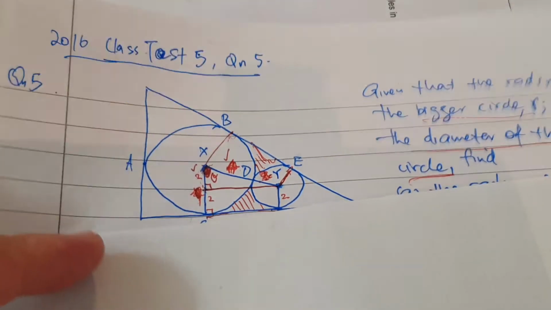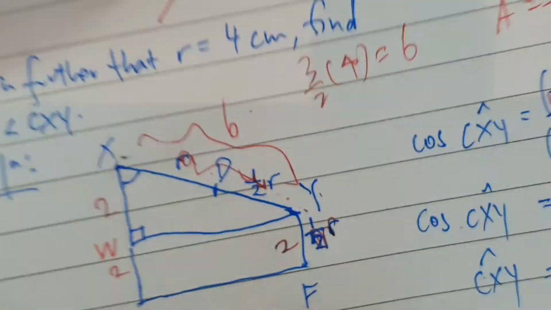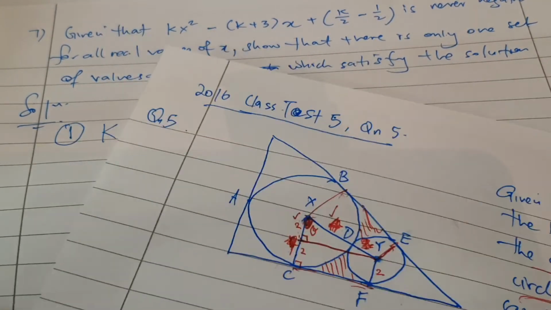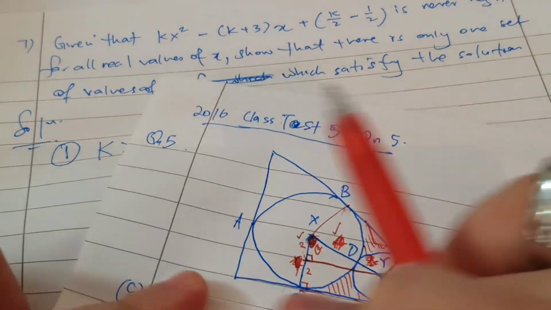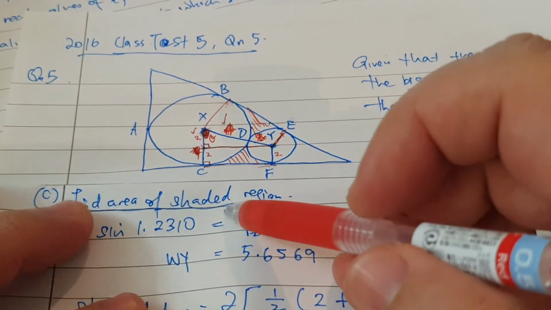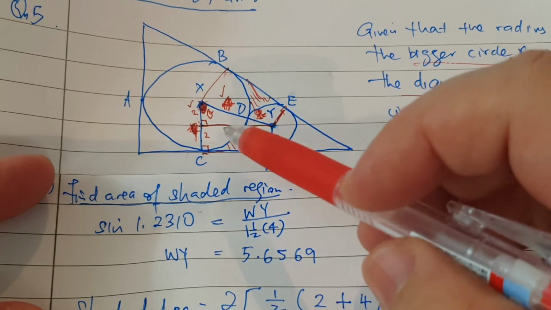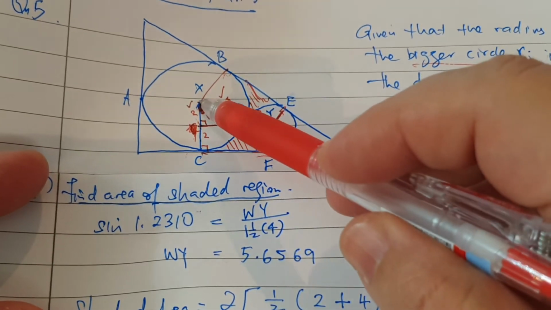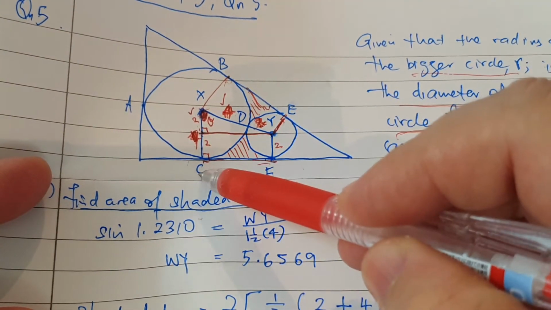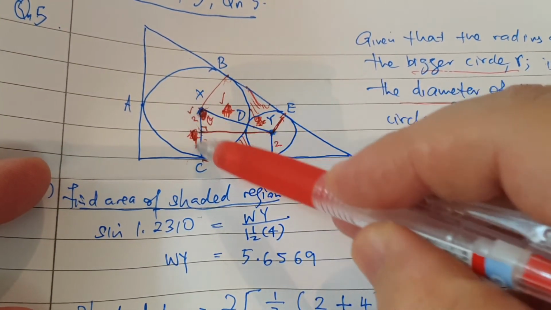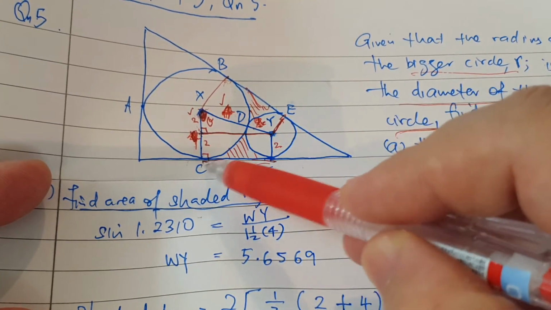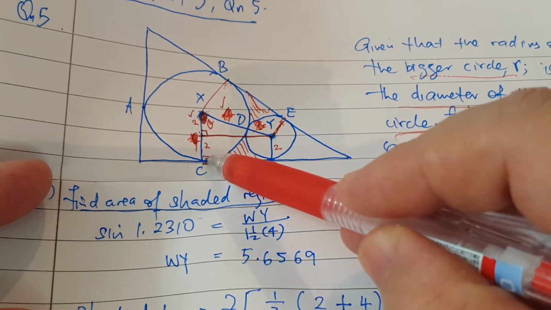Okay, and how do we find this area? Very simple. I tell you how we can do it. First of all, the whole idea is this. I want to take this whole trapezium, which is X, C, F, Y. X, C, F, Y. Don't you agree that's a trapezium? I take this trapezium minus off this big sector.